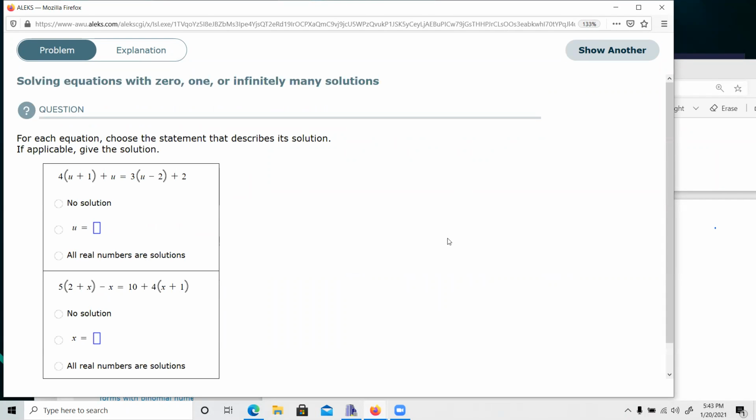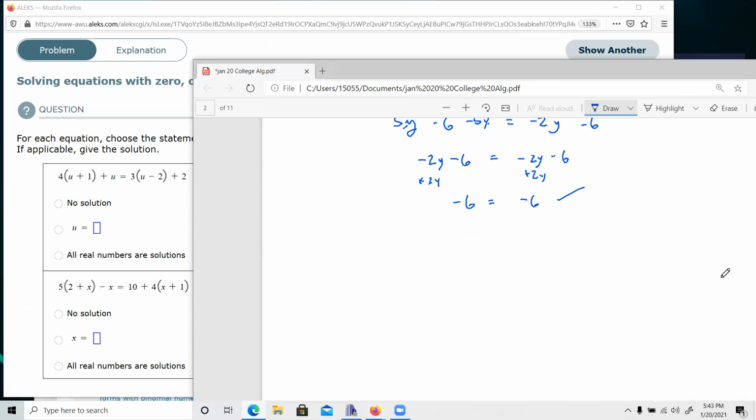Let's see if we can do another one. Let's see, that's going to be 5x and 4x, and that'll be 10. Okay, this will work. I think this one, we can do both. That's fine. Okay, so we have 4u plus 1 plus u is equal to 3 u minus 2 plus 2.